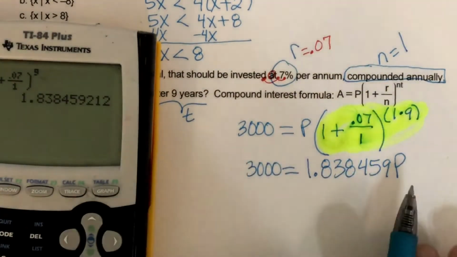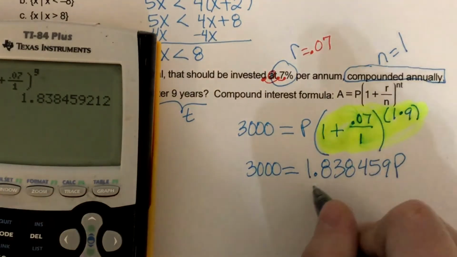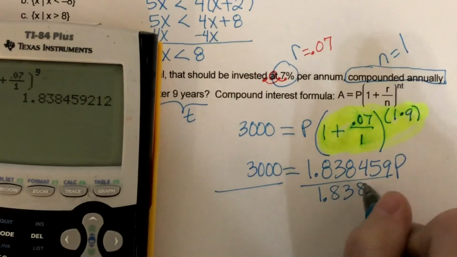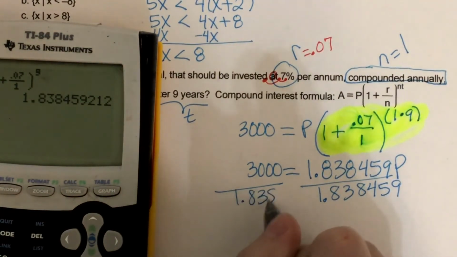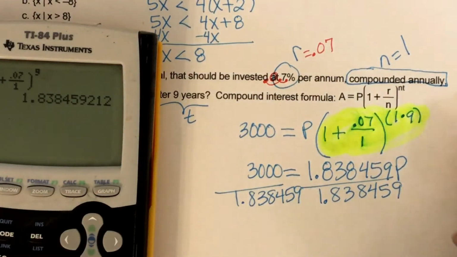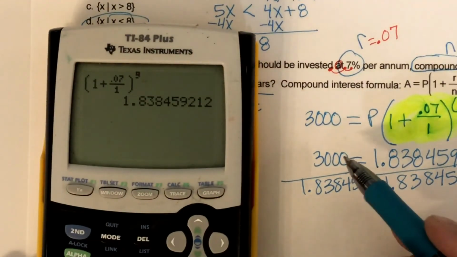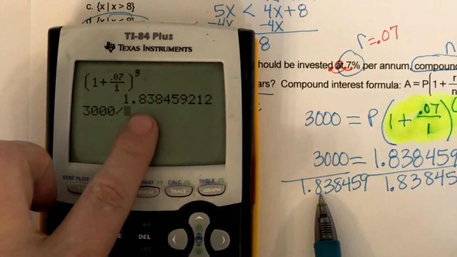So if you wanted to get p by itself, how would you get rid of this? You would divide both sides by what is multiplied with your p. So I'm going to divide both sides by that. But I'm not going to write all that in my calculator, okay? So this is what I'm going to do. I'm going to take this 3,000 and divide by this answer.